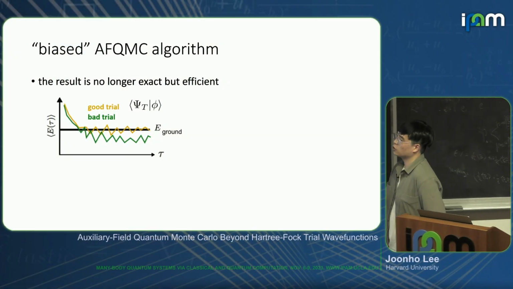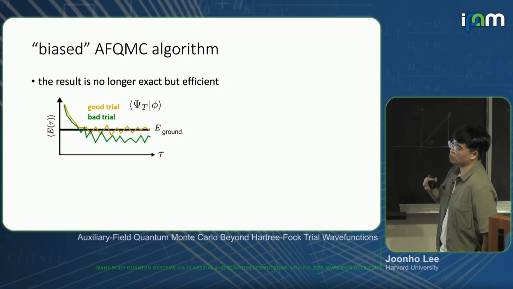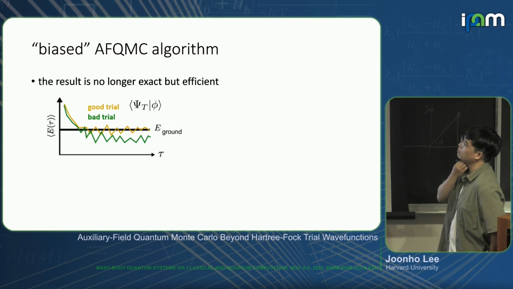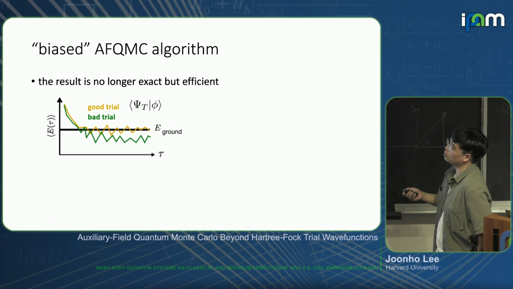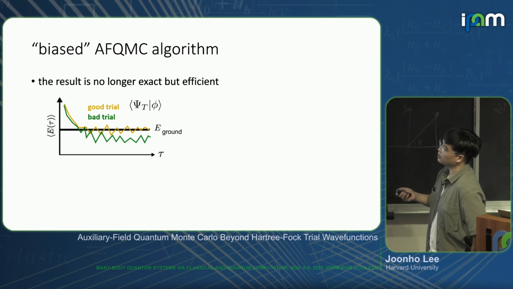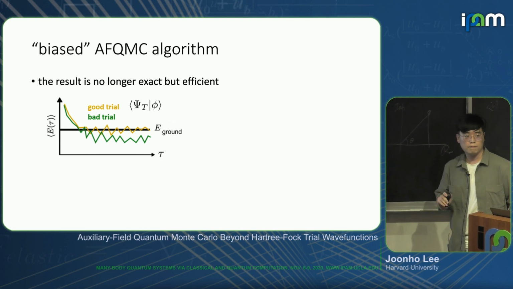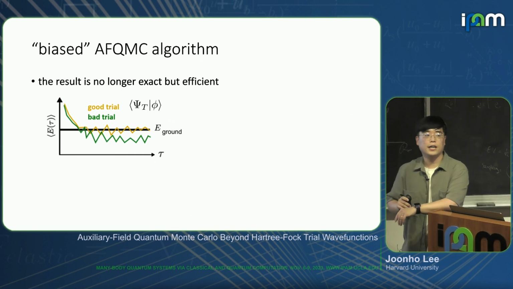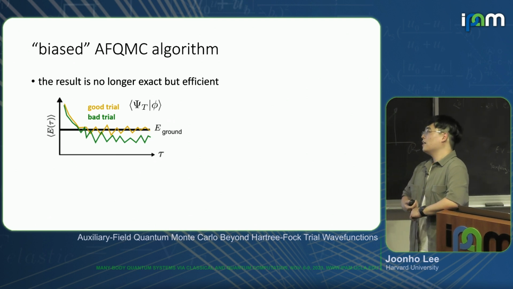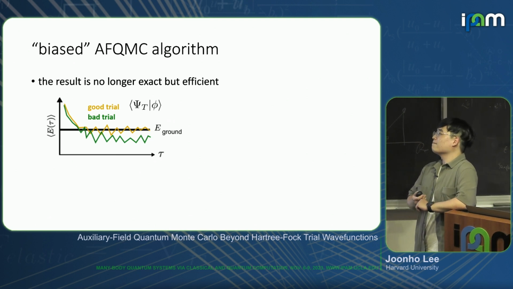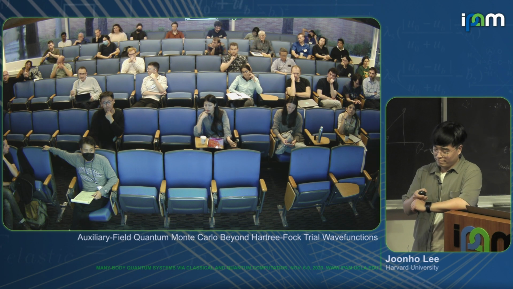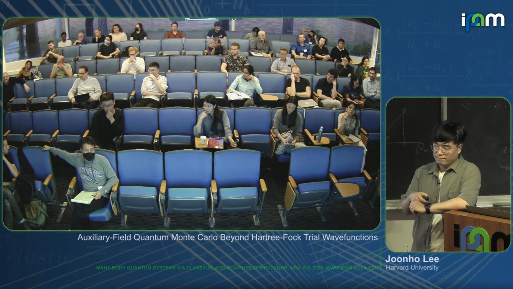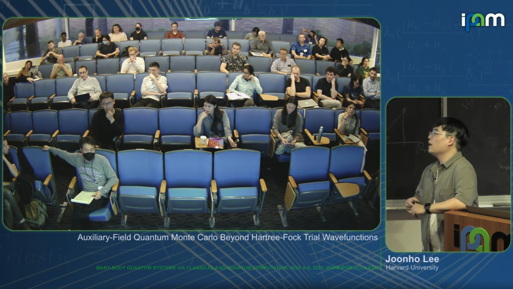You have to pick a good trial wave function that sets the boundary condition for your imaginary time propagation. If you pick a bad trial, you may even get lower energy than the exact ground state. How does that happen? Why is it non-variational? That's the question. It sounds puzzling, no? Because you do an imaginary time evolution, and as long as you do imaginary time evolution on a state, it's still a state. So it should be variational, right?